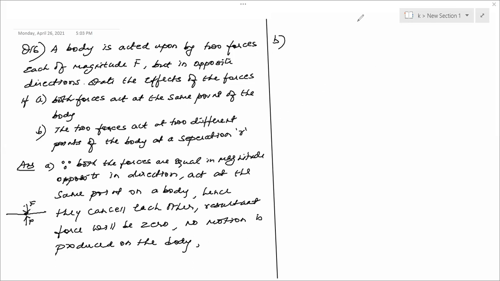But now, one force acts here and the other here, at a separation of r, opposite in direction and equal in magnitude. So both will produce a rotational motion about the midpoint of the distance between the two forces.